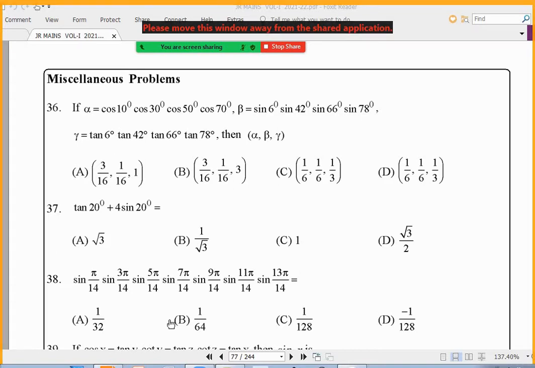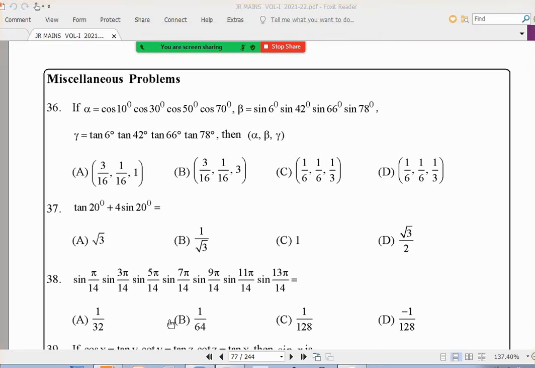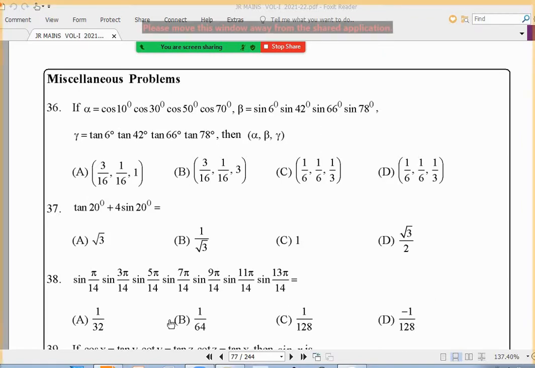This 70 is 60 degrees plus 10. So cos theta, cos 60 minus theta into cos 60 plus theta is 1 by 4 cos 3 theta. So 1 by 4 cos 3 into 10 degrees, into this will be root 3 by 2. So 1 by 4 cos 30 degrees is root 3 by 2, into root 3 by 2. We will get 3 by 16.